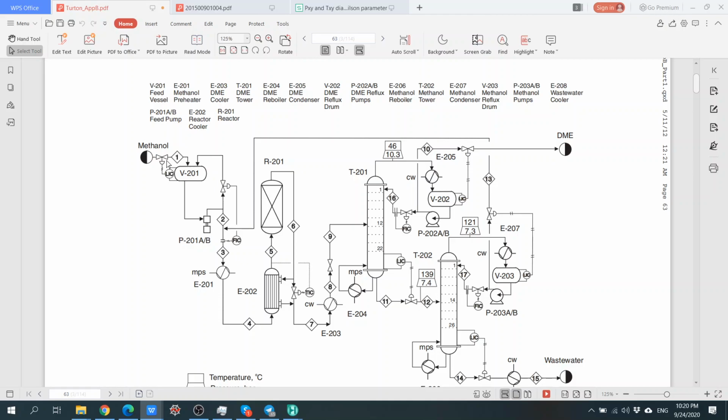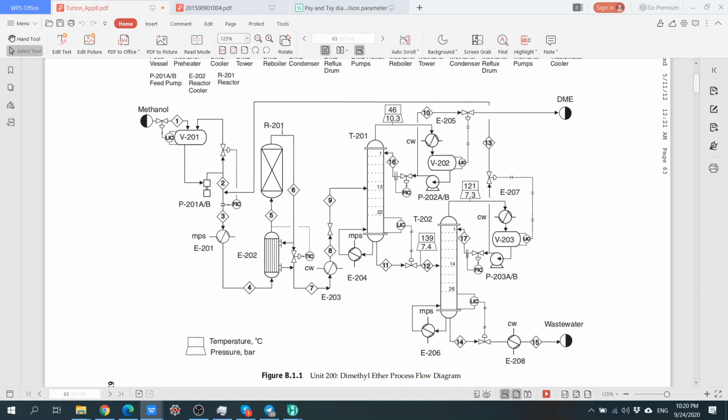So we have methanol. This process, I think I've explained last week, so I don't think I need to explain it again. It's very simple. We need 2 moles of methanol, dehydrate that to make water and DME.